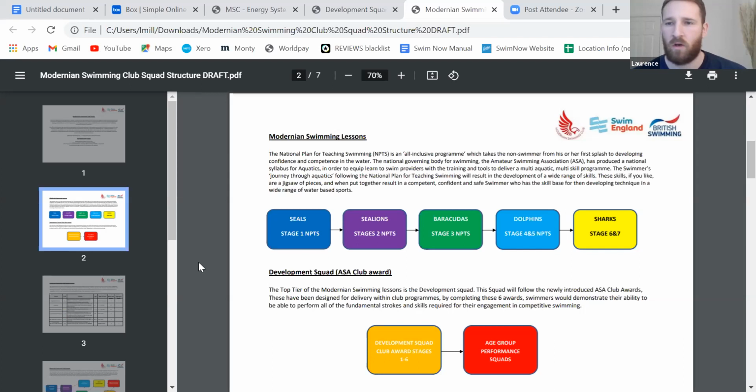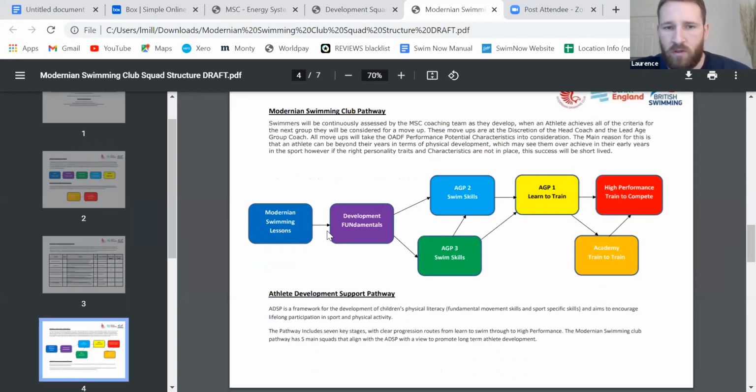I'm absolutely not saying you need to follow it point by point, but there needs to be aspects of it in, so that by the time they move up to the next squad, which is kind of our first age group squad, so I'll show that here. This development fundamentals here is where we would deliver the ASA Club Award. And those guys are in once a week. And we're just trying to get through as many of those points and make them comfortable with those as possible.